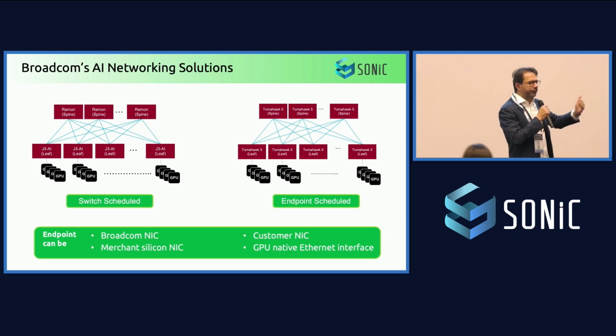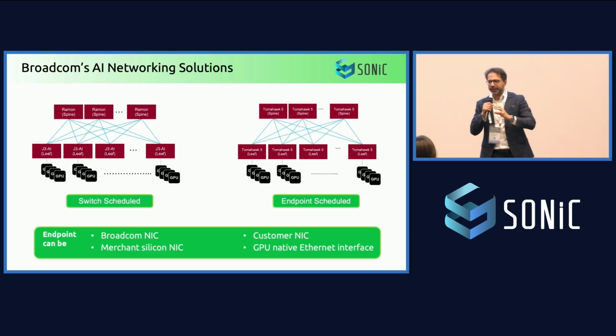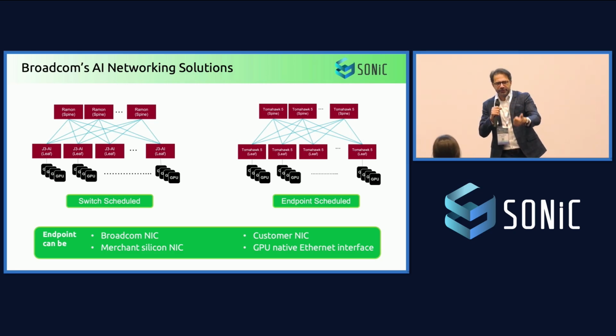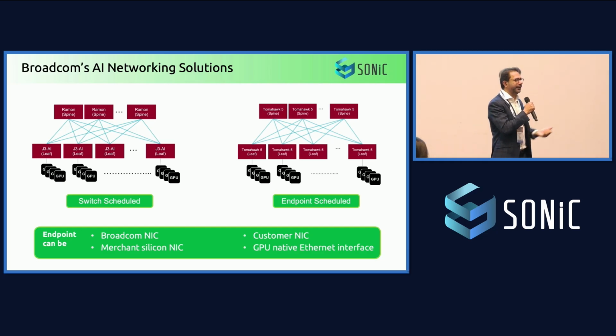With the Endpoint Scheduled Fabric, the NIC and the switch work together. That is why we call it endpoint scheduled, because the endpoint is also playing a part there. ECN, PFC, those types of features run from the NIC and switch, and they talk to each other and make it happen, right? There are some additional capabilities at that level which have been introduced by UEC. I will be talking about them at the end.